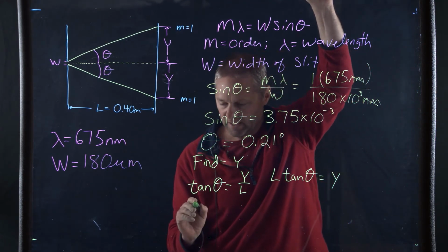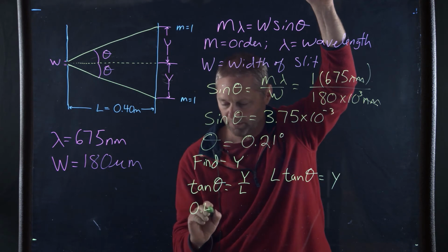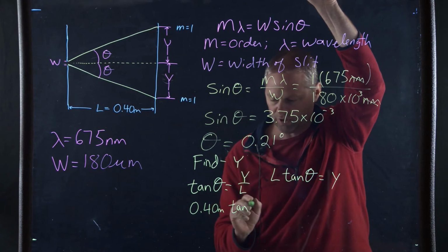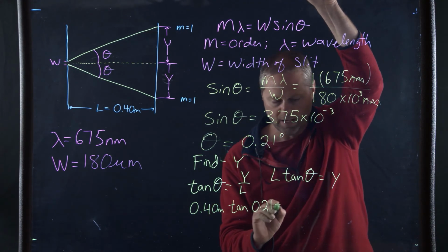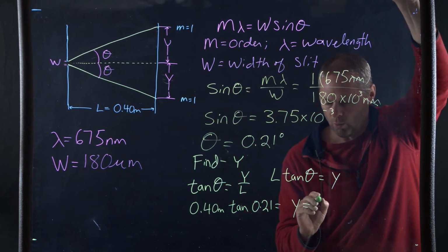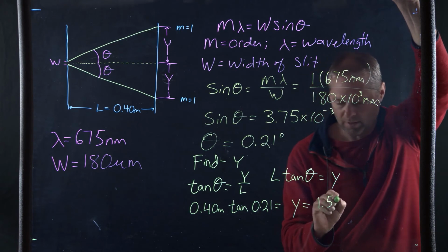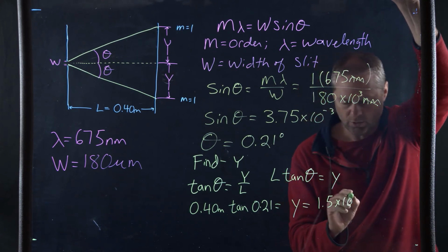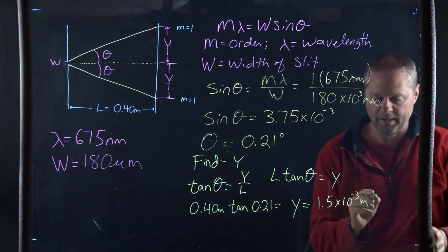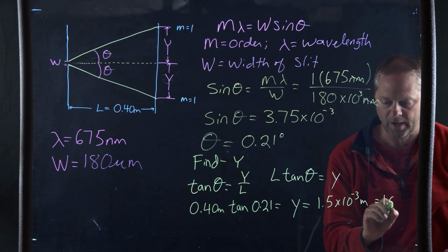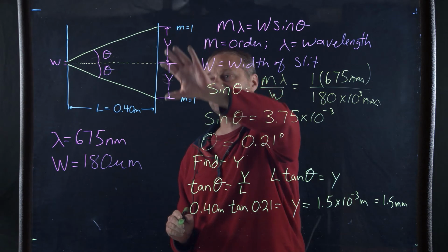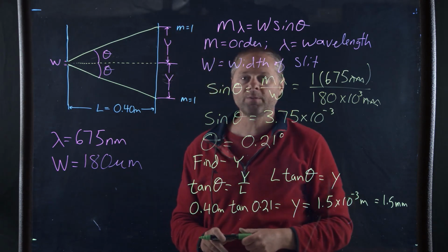Our L is 0.40 meters, and then this would be the tangent of the theta we just found, 0.21, is equal to y, and that is equal to 1.5 times 10 to the negative third meter. Or we can multiply this by 1,000 and realize it's 1.5 millimeters. So this height here, or the distance here, is going to be 1.5 millimeters.